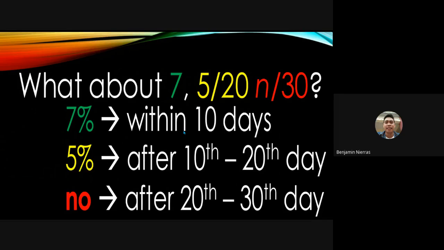So yan, 7% kung nabayaran mo siya within 10 days or eksaktong 10 days, 5% kung lagpas na ng 10 days pero umabot ng 20th day, and no discount kung pang 21 na, no? Kung 21st day up to 30th day. So yan yon, 7% discount, 5% discount, or no discount.